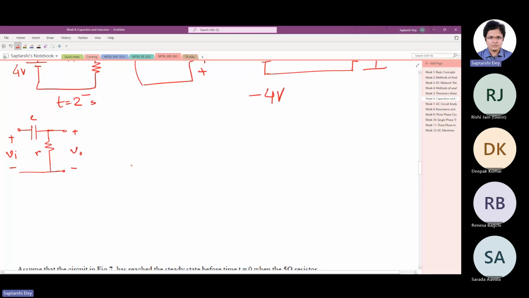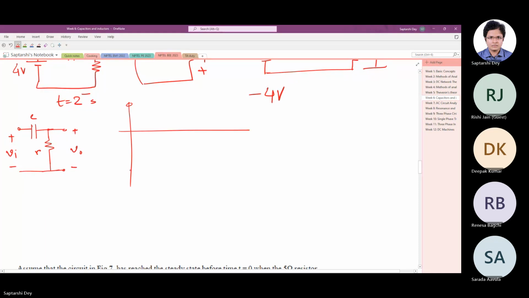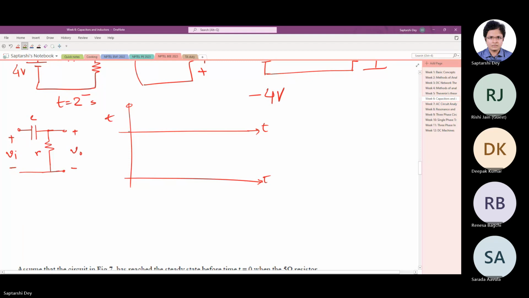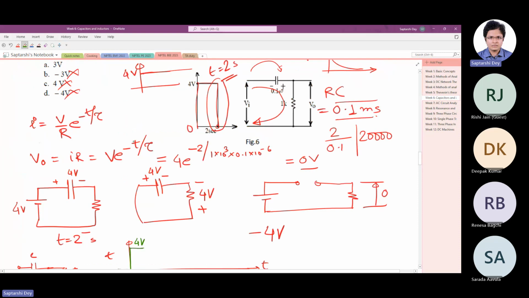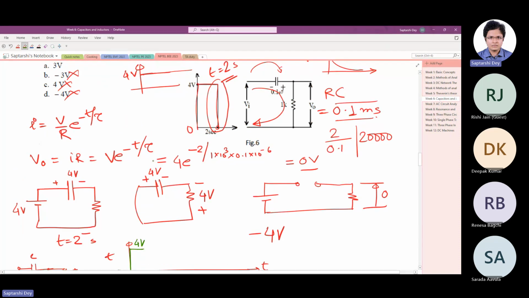Now we just solved the problem. What we saw, that there was a 4 volt pulse, and we got this equation V equals e to the power minus t by tau.